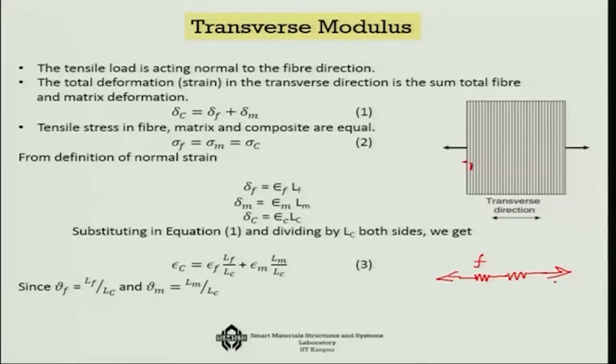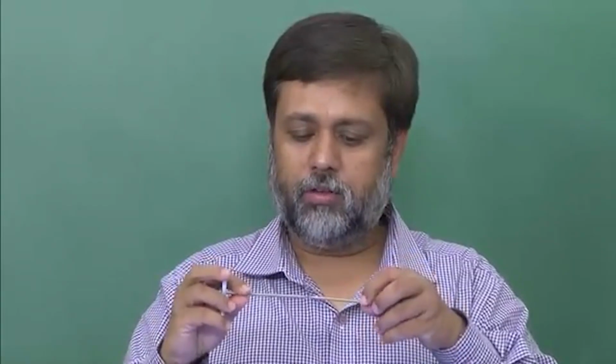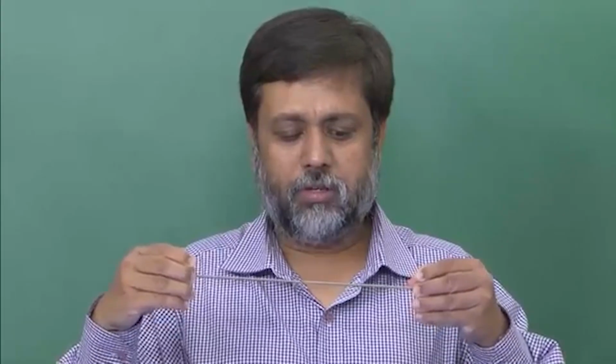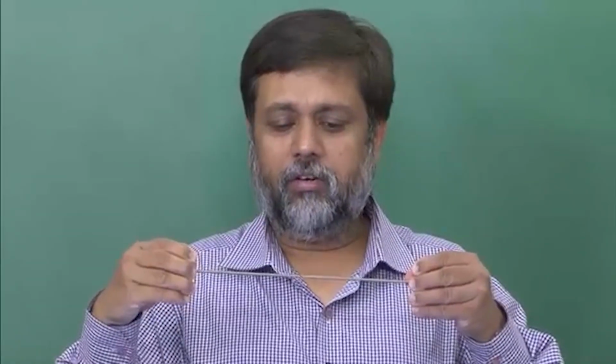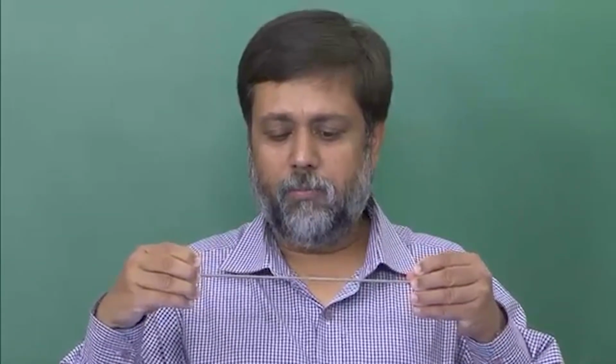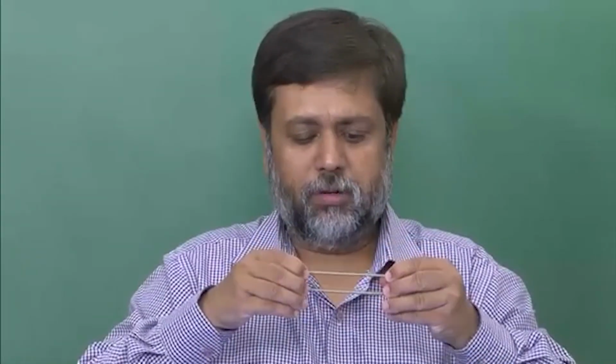As you apply the load, the same load passes through both the fiber and the matrix. It is not shared, but the same load is going. Now you can see that this system is more flexible, right? So no wonder the transverse modulus is much smaller in comparison to the earlier system, which has the same type of spring stiffness, but is much stiffer.